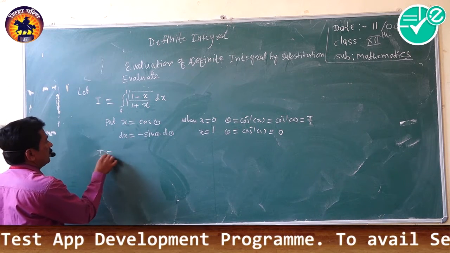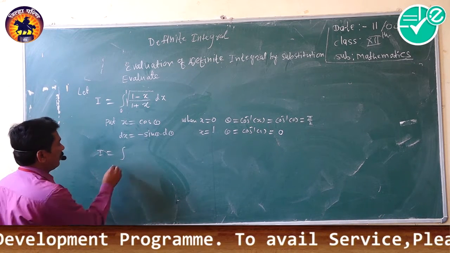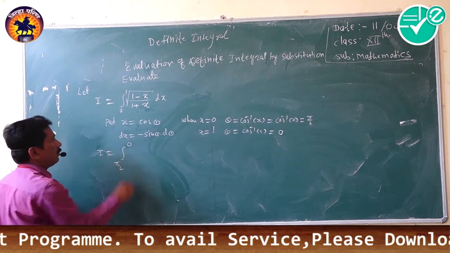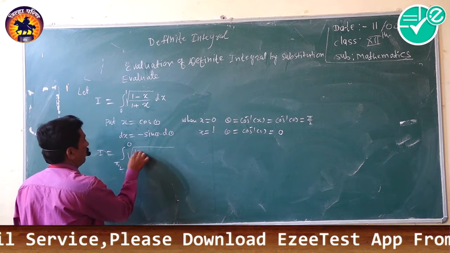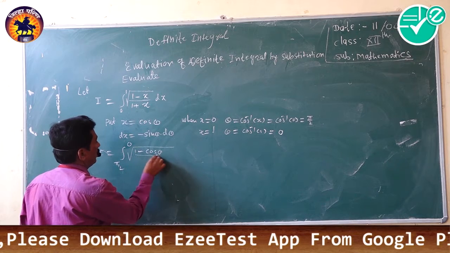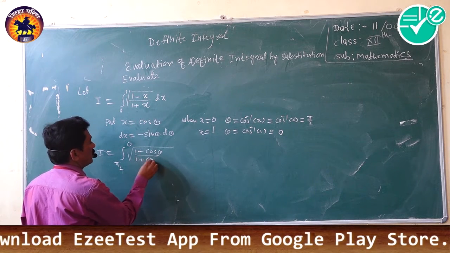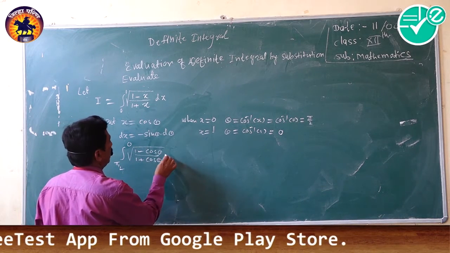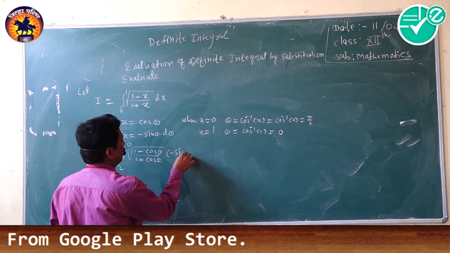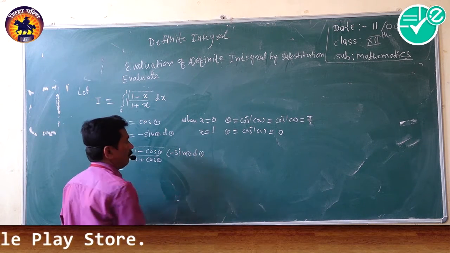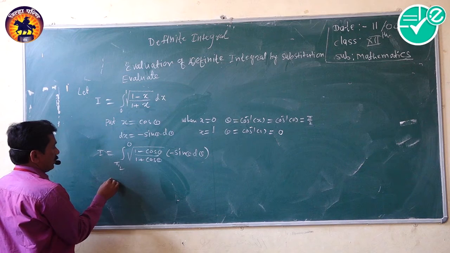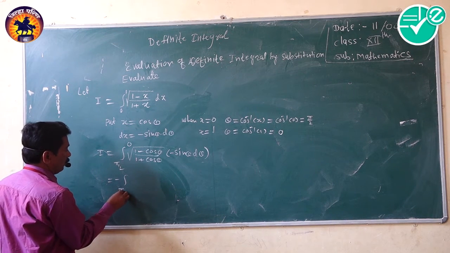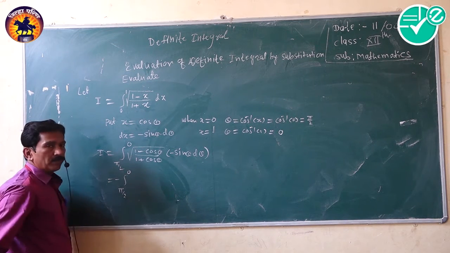Therefore, I becomes the integration from pi by 2 to 0 of the square root of (1 minus cos theta) divided by (1 plus cos theta), into minus sin theta d theta. This is equal to minus pi by 2 to 0.